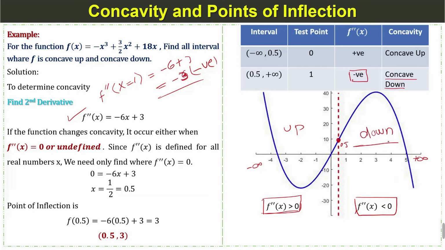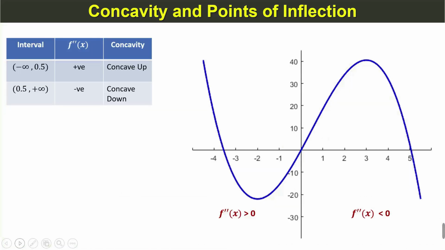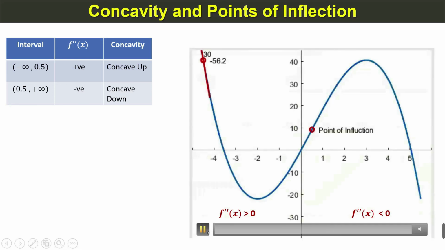Next, we see this with the help of an animated graph. Here this one is the second derivative of the function, and this is positive. At this point the second derivative of the function is 0, that is the point of inflection.